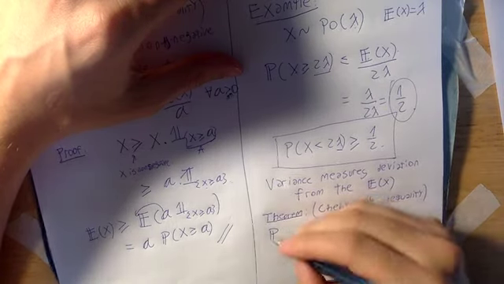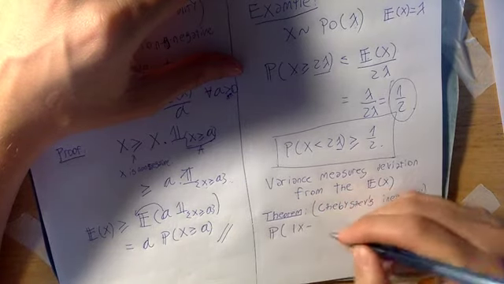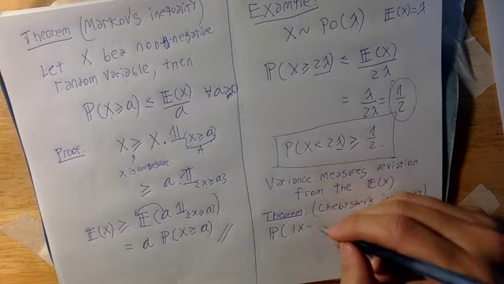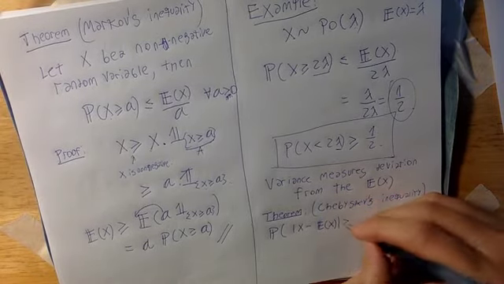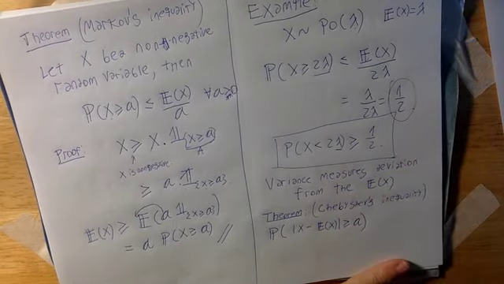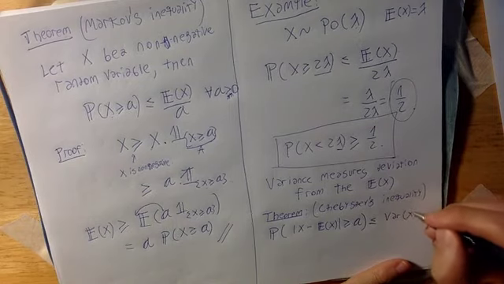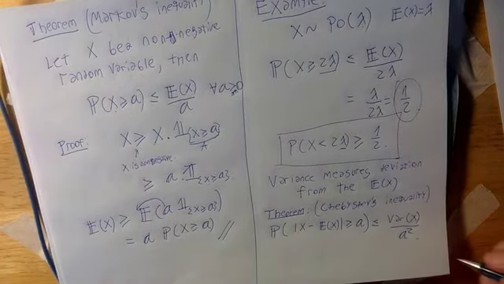It says that the probability that X minus E of X is bigger or equal than a is less or equal than the variance of X over a squared.